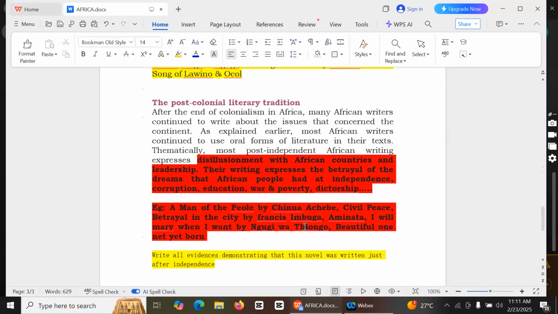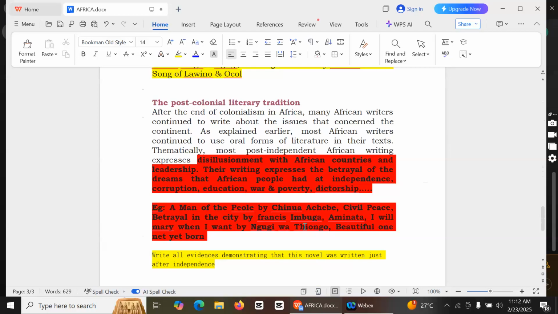For Chinua Achebe, we see A Man of the People, and we see Civil Peace. Also, we have Betrayal in the City by Francis Imbuga. We have Aminata. We have I Will Marry When I Want, this is Ngugi wa Thiong'o. The Beautyful Ones Are Not Yet Born, this is Ayi Kwei Armah. So we have a number of books, novels and stories written after independence.